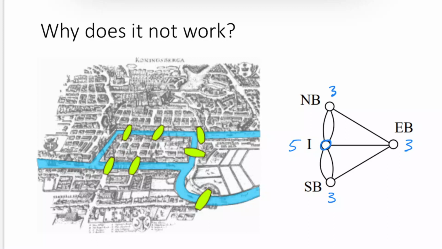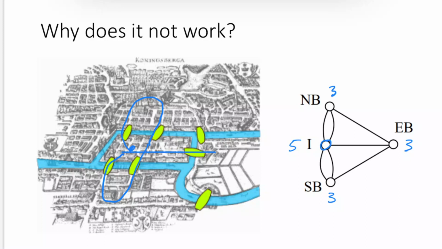The reason this doesn't work is that if there are only 5 bridges attached to the island, they have to go in pairs, because if I leave the island, I need to be able to get back to it. So I could leave the island and come back here. I could leave the island and come back here. But then once I leave the island, there's no bridge to bring me back to the island.